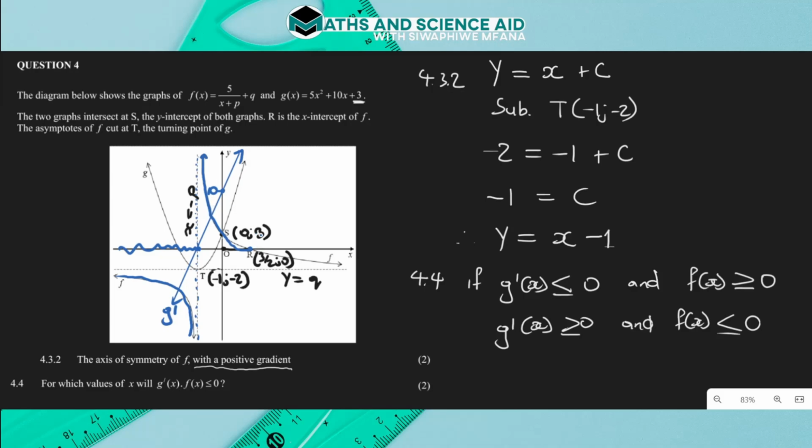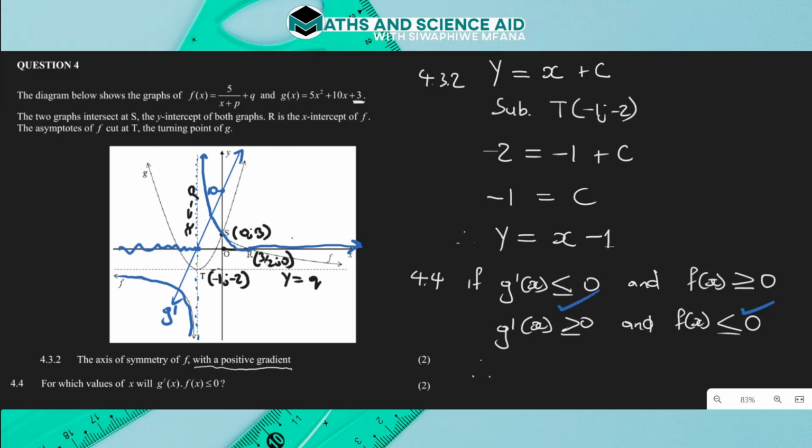However, interestingly, starting from R onwards, as you can see here, f is negative. The values of f are negative, while the values of g prime are still going to remain positive. So it means that in this domain, starting from R onwards, we are going to meet one of these criteria because we say that f here is less than 0, while g prime, as you can see, here's our g prime, it's greater than 0.